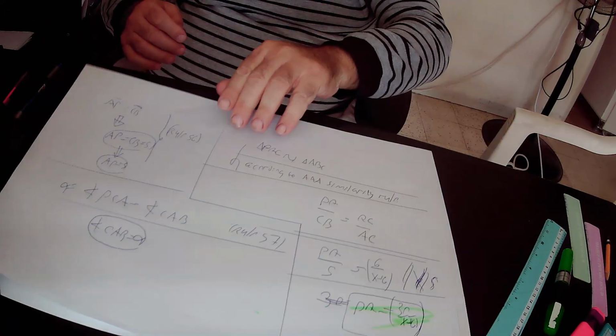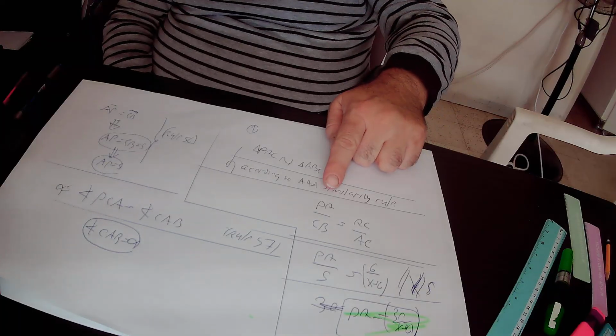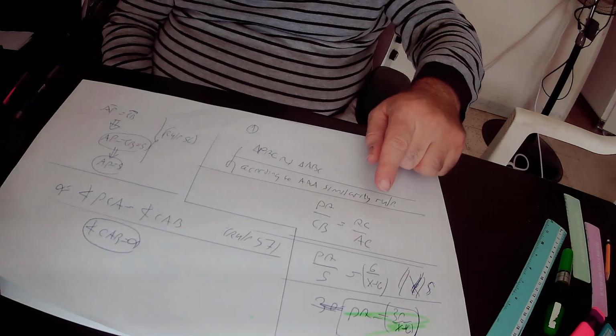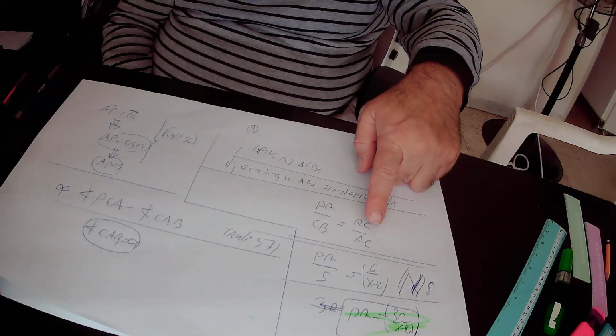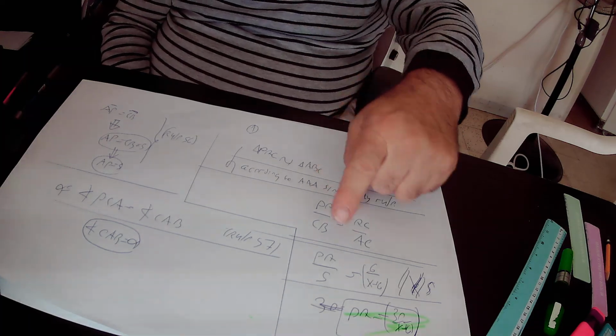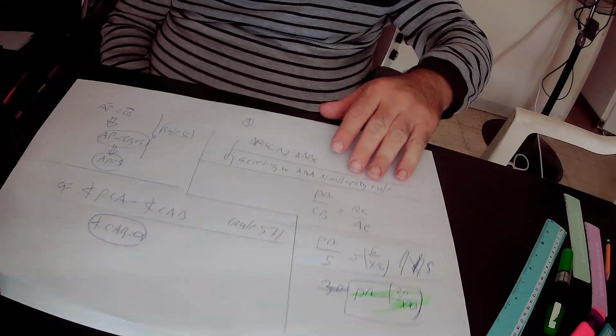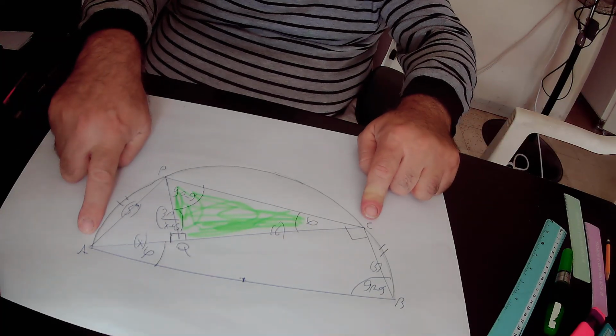We will derive that side PQ of the green right triangle PQC over side CB of the right lower triangle ABC is equal to side QC of the green triangle over side AC of the right lower triangle ABC. PQ is the missing side. CB is 5, QC is 6, and AC in total equals x plus 6.